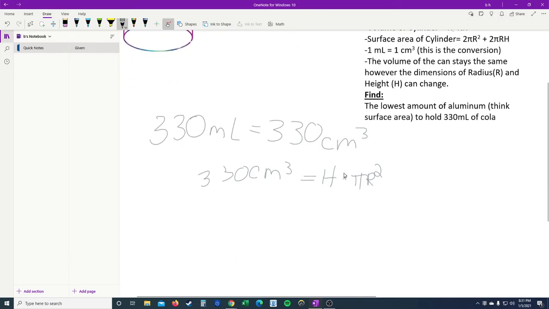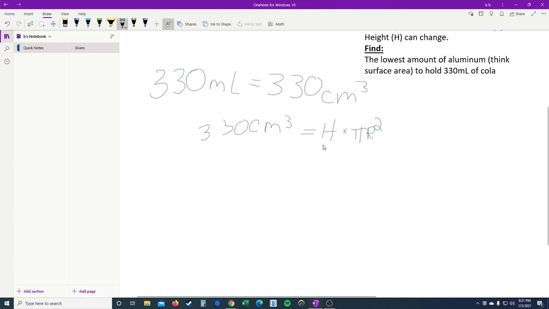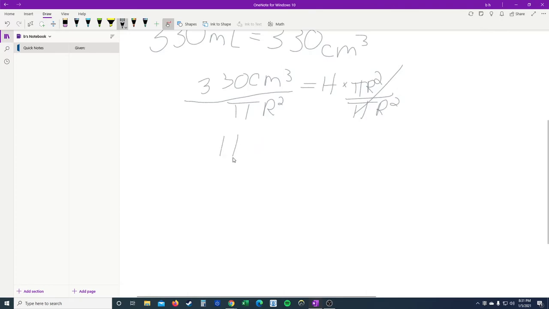What we can do is rearrange this equation to find h, with a little bit of algebra. I would divide by pi r squared on both sides, and those cancel out. So now we have h equals 330 centimeters cubed over pi r squared.